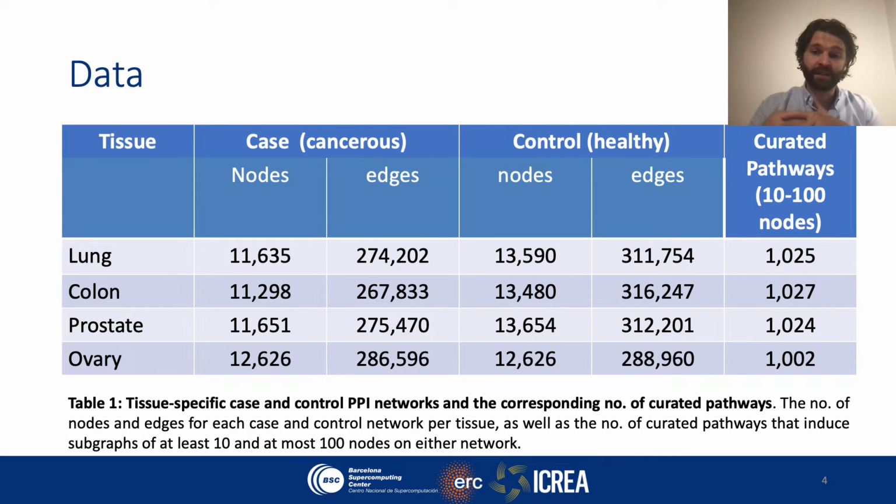Additionally, we take curated pathways from Reactome, so the Reactome pathway ontology, and for each tissue, we only take those pathways that once we induce them on either the case or control network, they induce a subgraph that's at least 10 and up to 100 nodes.